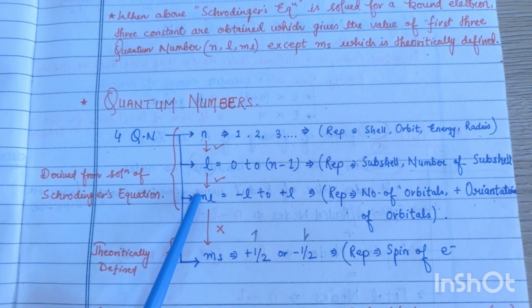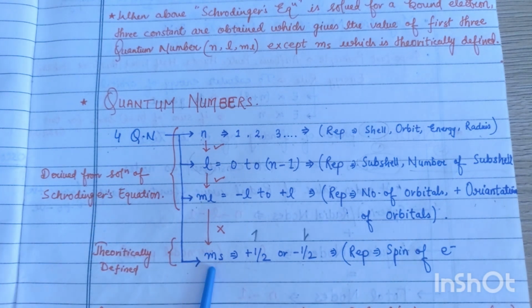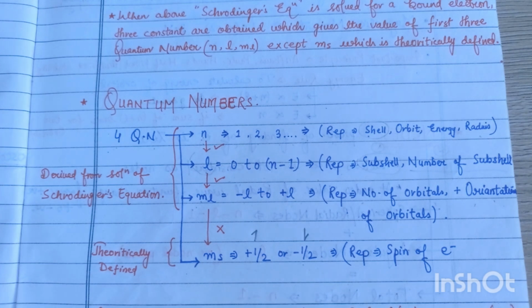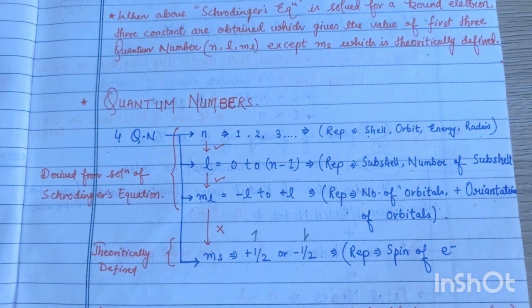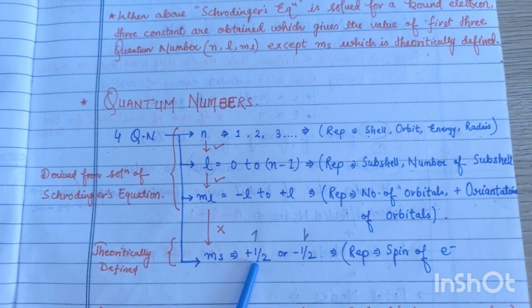Okay. Then after that we have spin quantum number. It has only two values. Suppose you assume your electron as a football, you can spin the football in only two directions, clockwise or anti-clockwise. There is a 50% chance that the electron revolves in clockwise direction and 50% chance that it revolves in anti-clockwise direction.